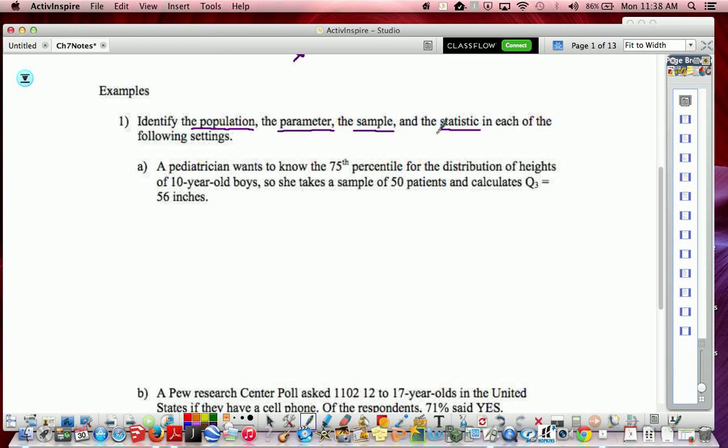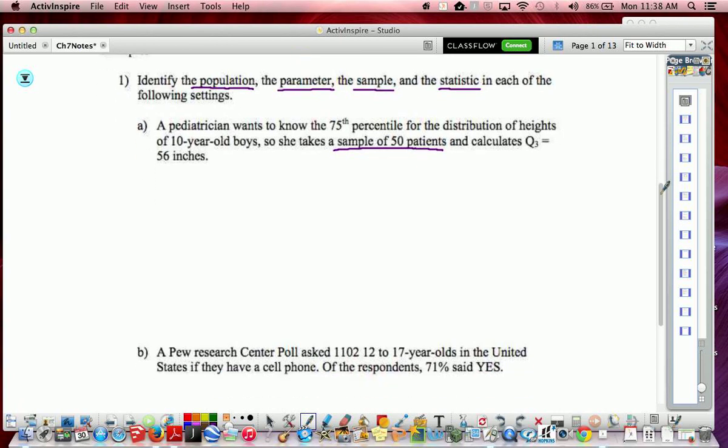It doesn't matter the order in which you identify the key pieces, but you want to make sure you identify them correctly. Many students like to go, all right, sample of 50 patients. Well, I can go ahead and identify my sample. My sample is 50, I'm going to be a little more specific, 10-year-old boys.